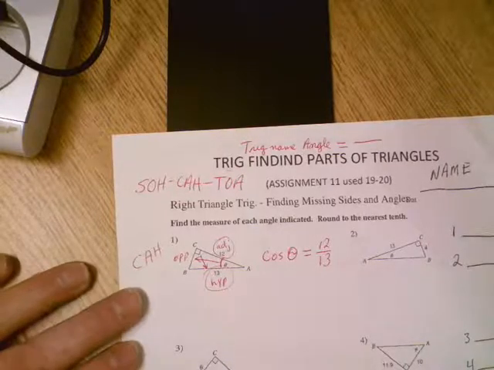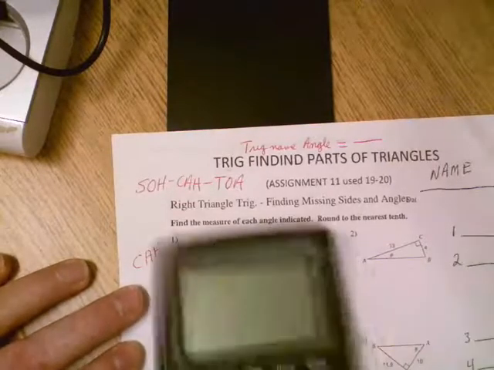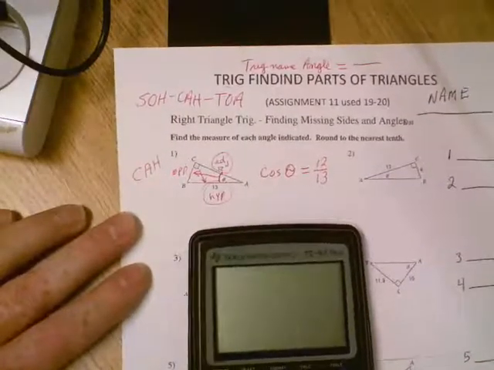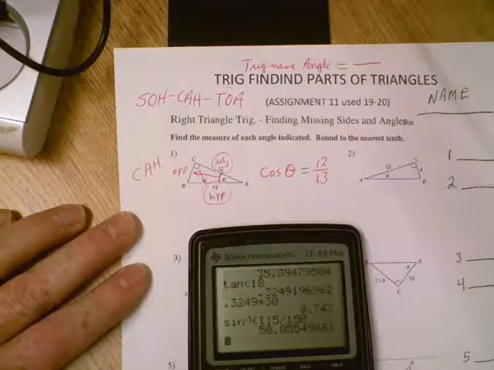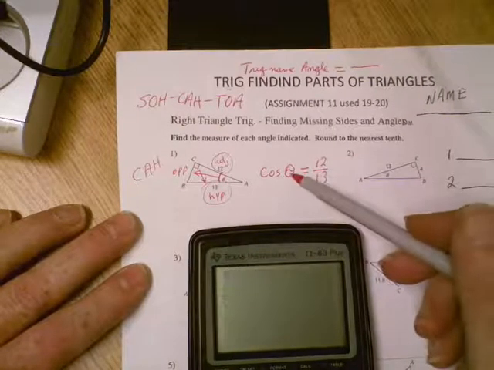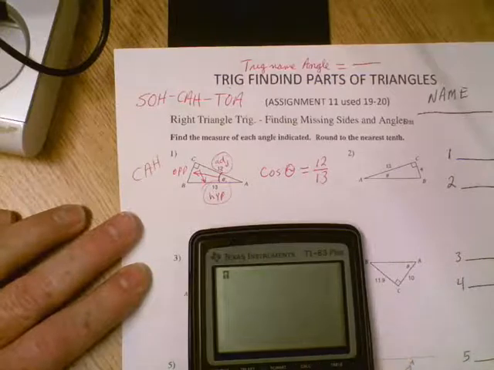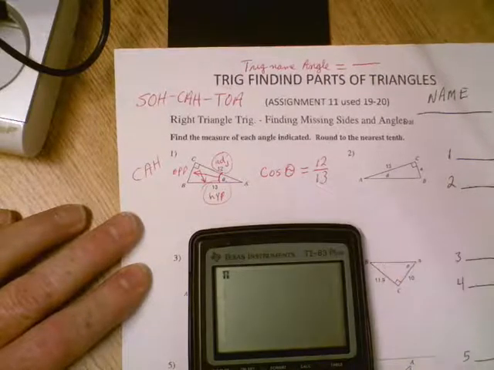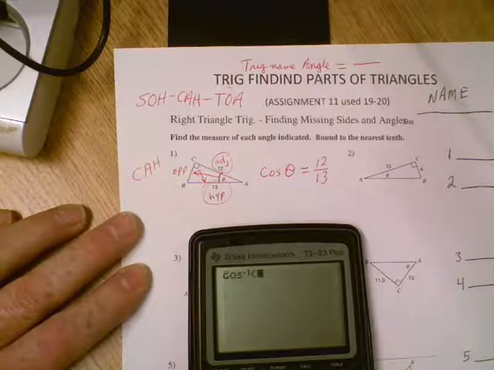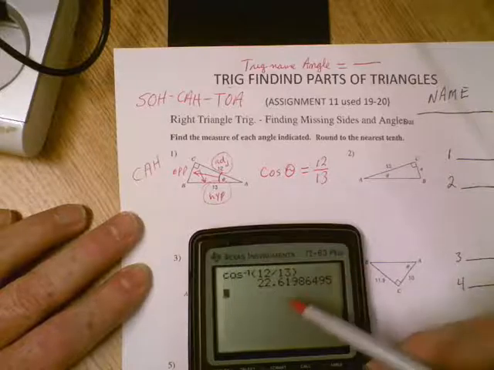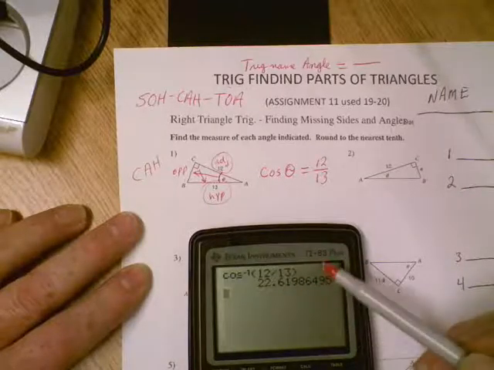So I grab my calculator. And I'm just going to type in, if you're looking for an angle, every time you're looking for an angle, that's where you got to hit the second button. So you're going to hit second, your trig name, cosine, and then you're just going to punch in 12 divided by 13, close the parenthesis, hit equals, and it's going to tell you the angle.